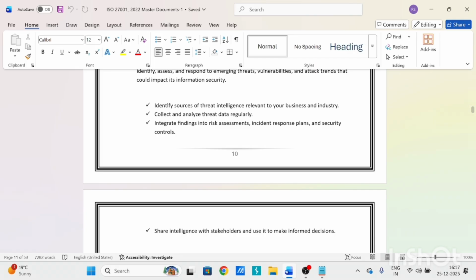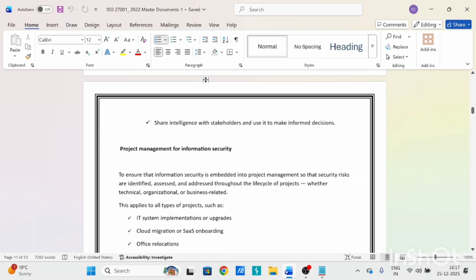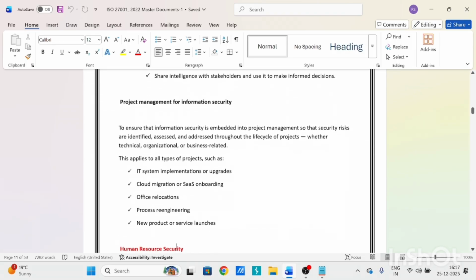Identify sources of threat intelligence relevant to your business and industry. Collect and analyze threat data regularly. Integrate findings into risk assessment, incident response plan, and security controls. It also helps to share intelligence with the stakeholders and use it to make informed decisions.